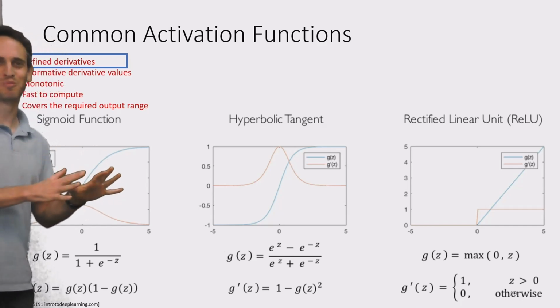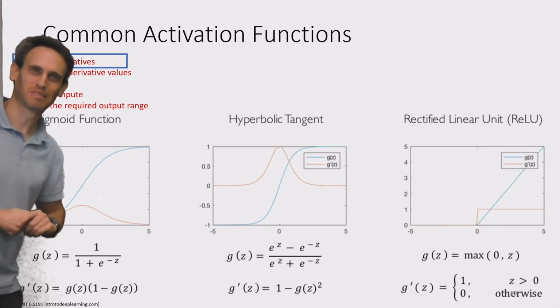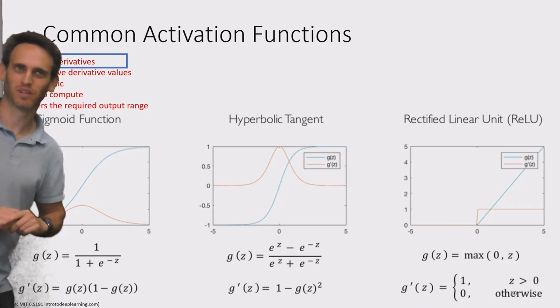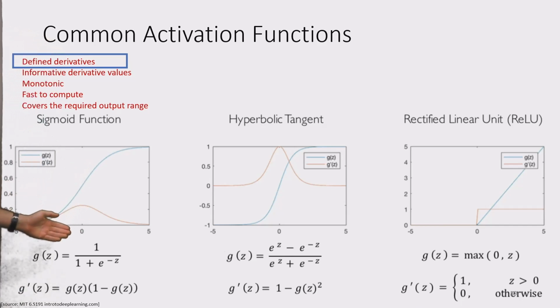You're more than welcome to attend that. We won't go into the theory behind these functions. So, for instance, the sigmoid function is well defined, and it has a well-defined derivative, provided here at the bottom.